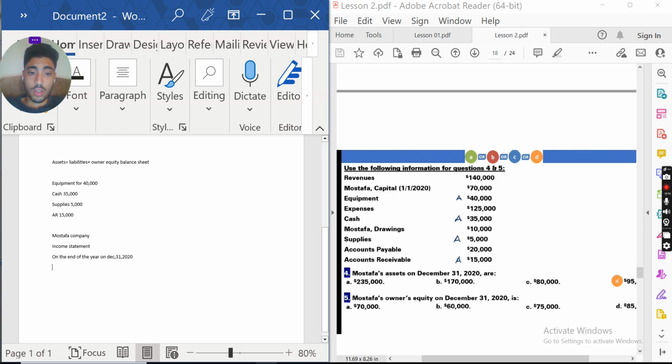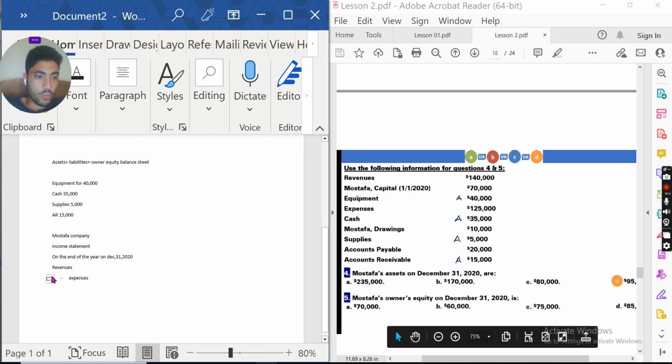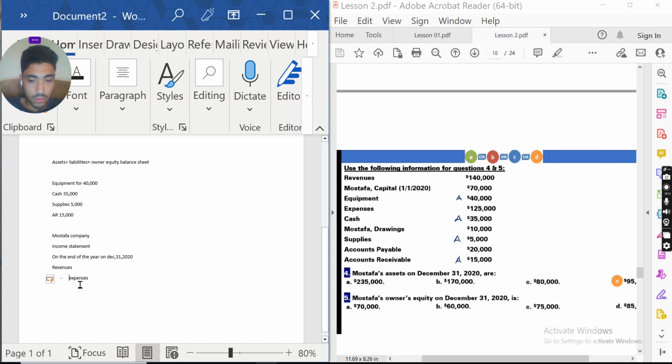Let's imagine that we have done a table here, please. And let's start. Revenues minus expenses equal. Let's try. What are the revenues provided here? It's 140,000.